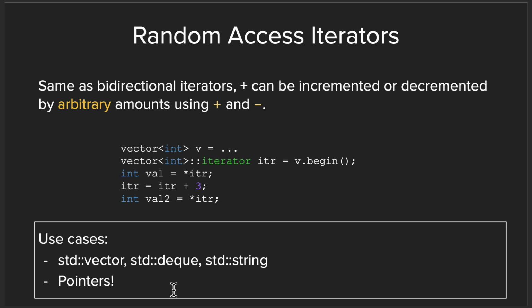A random access iterator promises that you can increment or decrement your finger by arbitrary amounts. So pointers are just one implementation of a random access iterator, and similarly vector iterators and the like are all implementations of the random access iterator. Awesome. We will see you next Tuesday with templates.